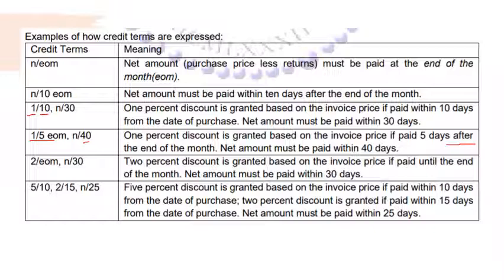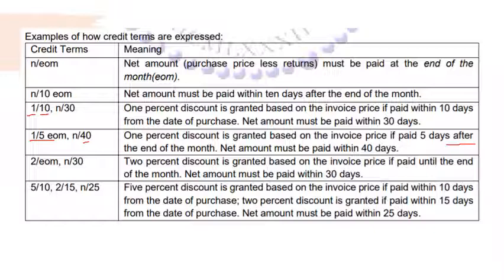Regardless of whether you bought it today or on September 25, September 26, September 29, September 30, or even October 1, 2, 3, 4 until 5, you will still get the 1% discount as long as it falls up to October 5, which is 5 days after the end of the month. Therefore, on October 6, there's no more discount. However, you have to pay the entire amount within 40 days.